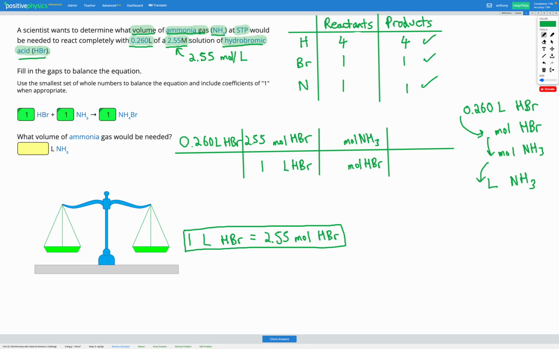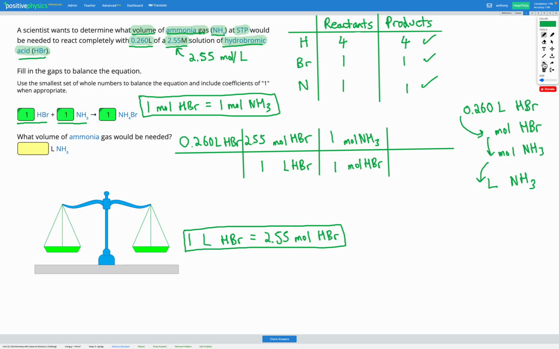Then we're going to look to our chemical equation to find the ratio between these. We know that 1 mole of HBr reacts with 1 mole of NH3. So for every 1 mole of HBr that we have, that combines with 1 mole of NH3. So there's our conversion factor for this step. It's 1 to 1. So that's really simple.